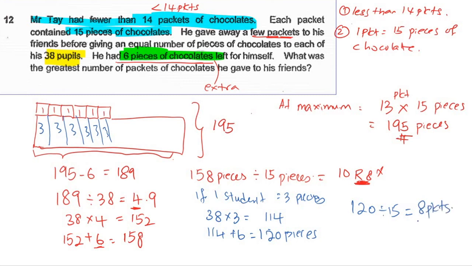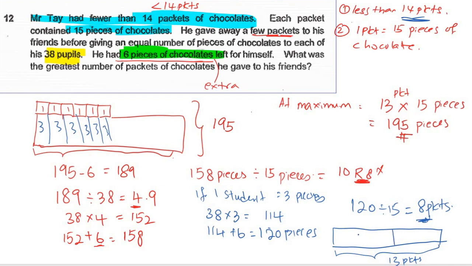So that means if I give 8 packets, because at first I have 13 packets, right? Because less than 14, so it's 13 packets. So this whole portion here is actually 13 packets.